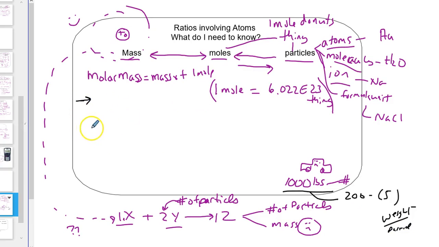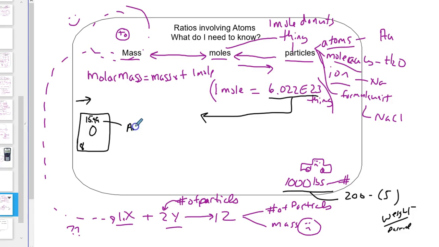Alright, so this is what we did. This number here is chosen very uniquely so that when we look on the periodic table, we're going to see 2 numbers. Let's say oxygen. 8 would be the number of protons. We've got 15.99 up top. This is the number of AMUs per atom.